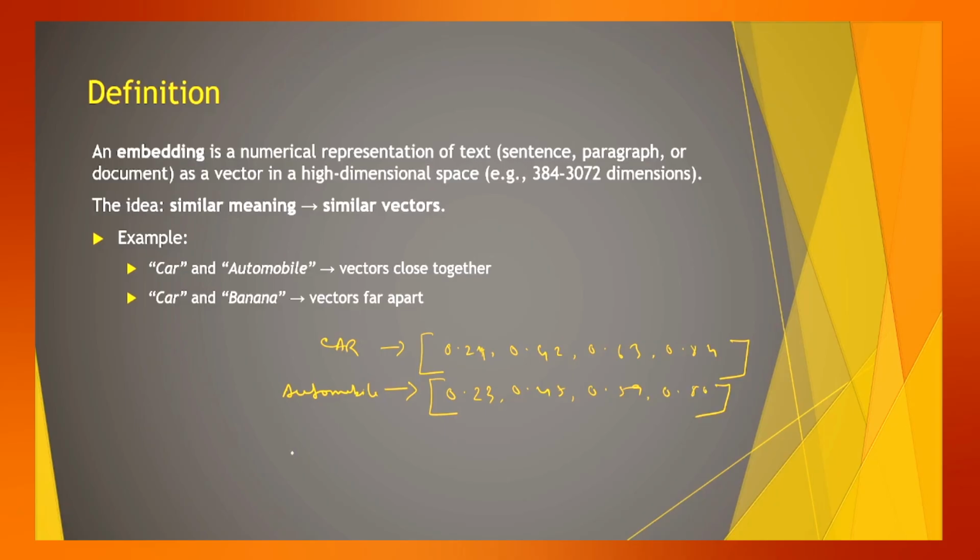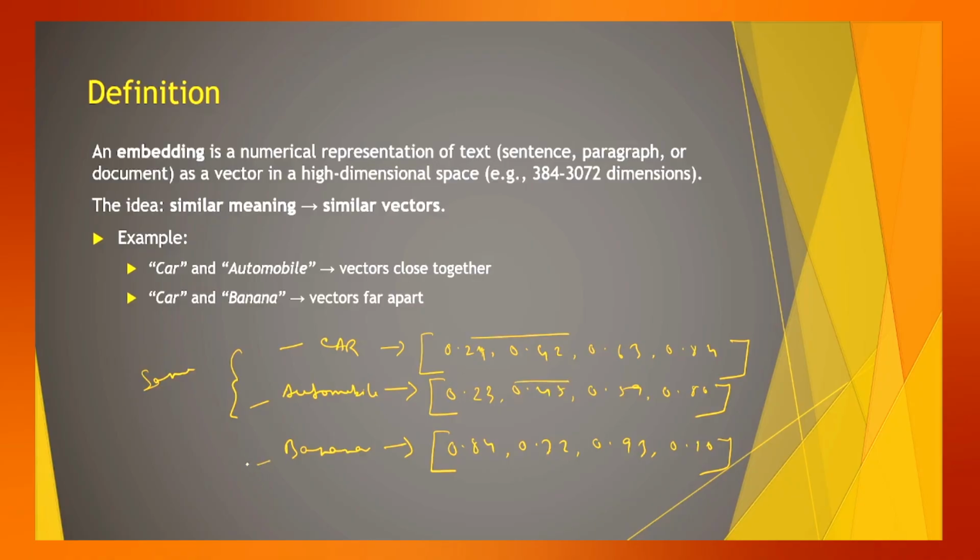And when we embed banana, it will be like 0.84, 0.72, 0.93, 0.10. Car and automobile lie in the same community, which is why they have almost similar, nearest vectors.